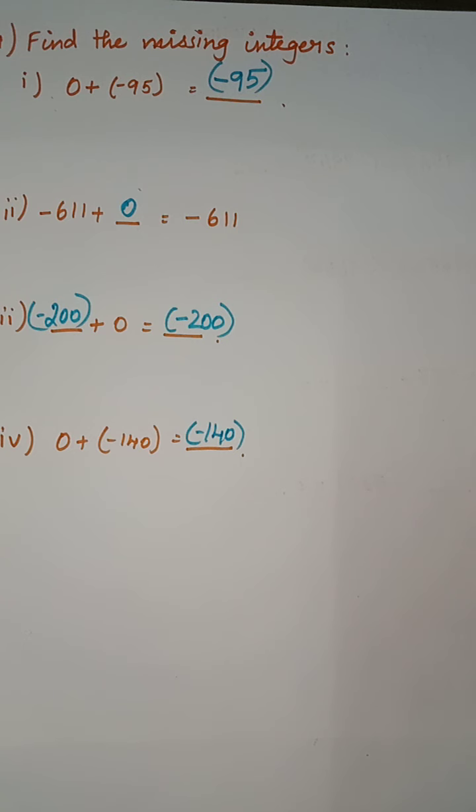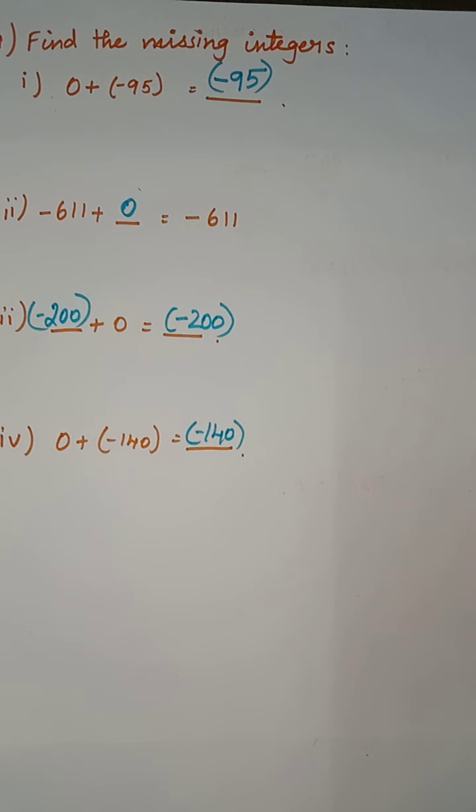So what is the identity element of addition? 0. I am often reminding you that there is an identity element for addition. Keep it in mind, don't forget. That term will surely come in your 12th standard classes.